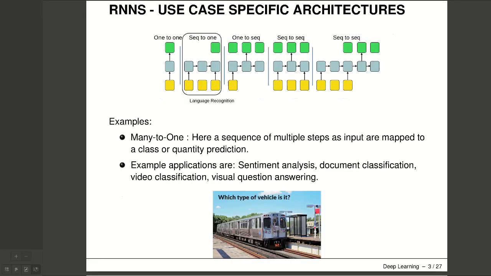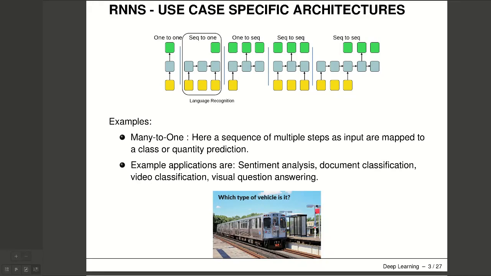The second application of RNN is when we have a sequence of input processed by the RNN, but the output is only one. An example is sentiment analysis. From the name itself, we can understand that the goal is to identify the sentiment based on a review.